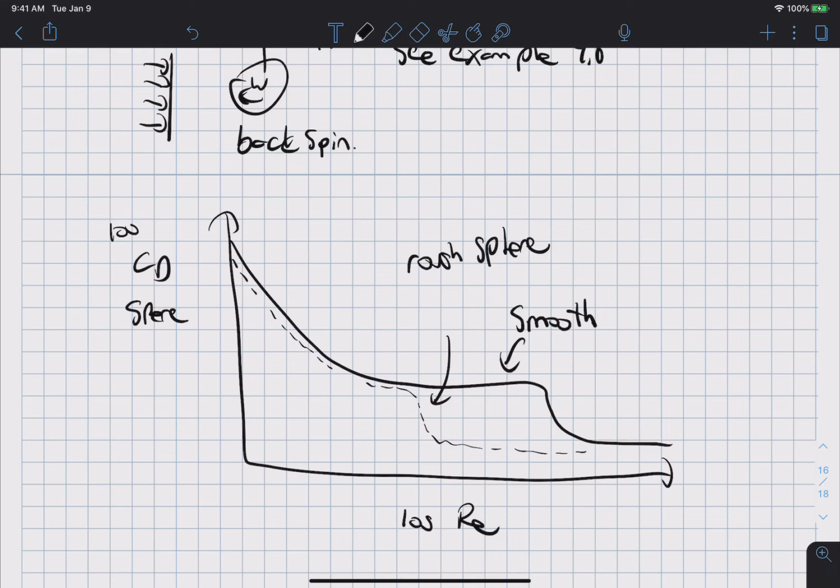And the reason for that is, remember, what causes this sudden decrease in the drag coefficient is turbulence, basically allowing the flow over the sphere to go down and around and separate much closer to the center, and then decreasing the drag.